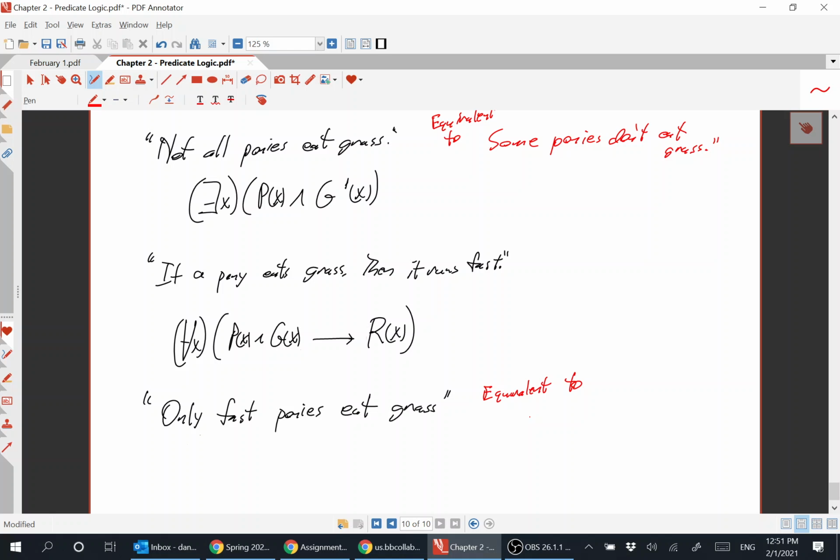Only fast ponies... That is, fast ponies do eat grass, but it doesn't leave out goats and cows. If it eats grass, it's a fast pony.